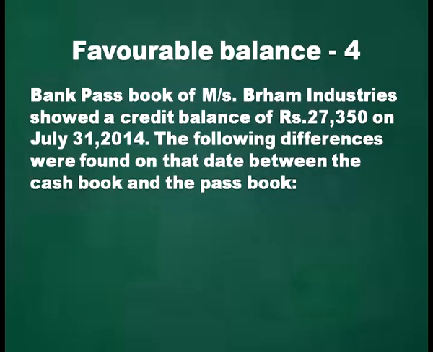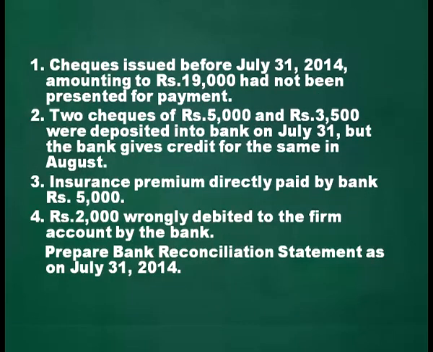Bank passbook of Brum Industries showed the credit balance of rupees 27,350 on July 31st, 2014. The following differences were found on that date between the cash book and the passbook. Check issued amounted to rupees 19,000 has not been presented for payment.